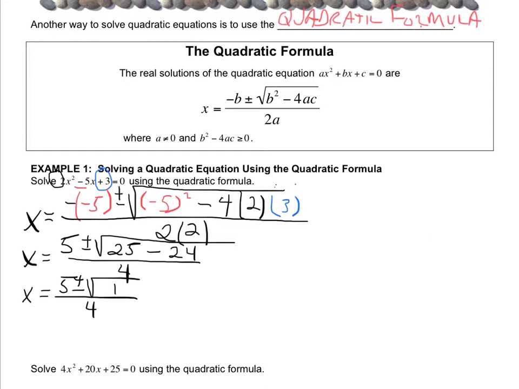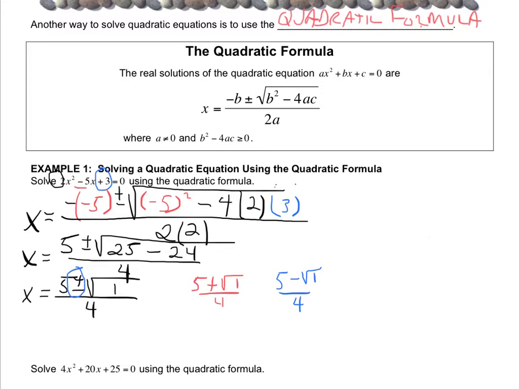So we're going to have a 5 plus the square root of 1 over 4, and we're also going to have 5 minus the square root of 1 over 4, and that comes back to us getting 2 square roots, both the positive and the negative.